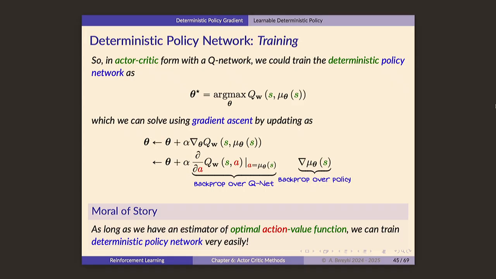Everybody agrees? Now, this second term, I think, is quite clear: this is backpropagation over your policy network. State goes in, you get at the output the optimal action, and you can backpropagate all over the network and get all the gradients, right? Cool. What about the first term?